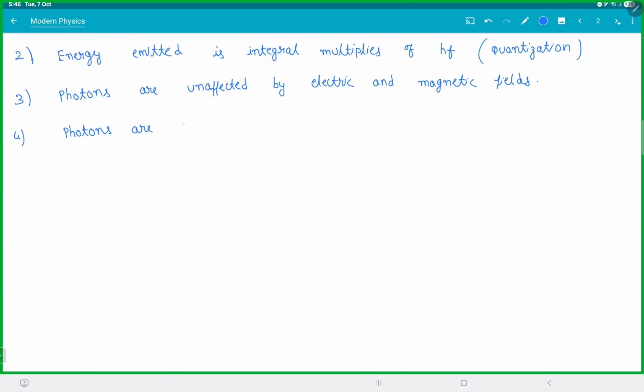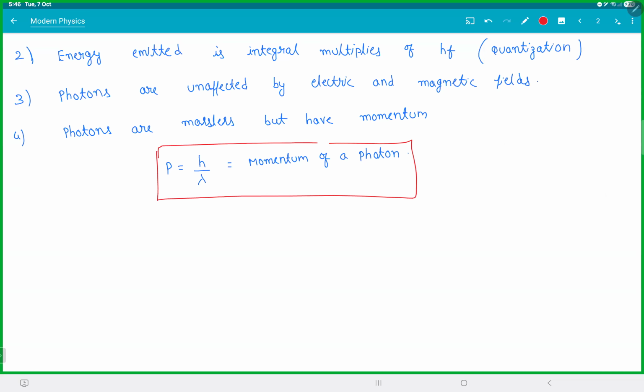So you cannot use the formulas which you use for particles with mass. The momentum of a photon is given by h/lambda. I'm putting all the formulas in the red boxes.